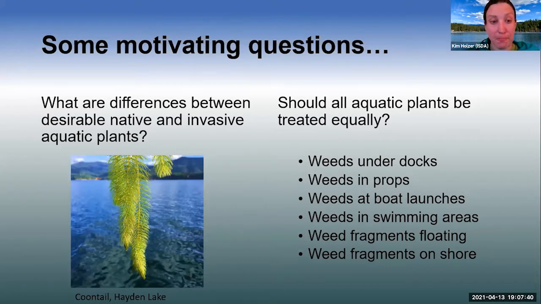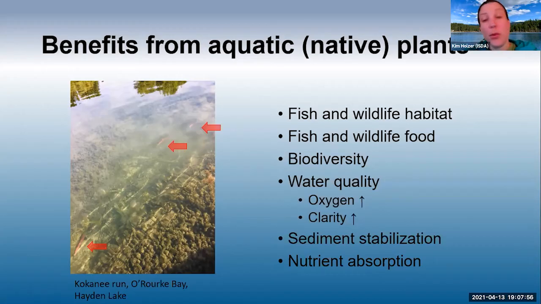One important point is the beneficial traits of native plants. There are many gorgeous native plants that carpet your lake bed, and they do wonderful things for fish and wildlife habitat, fish and wildlife food availability, biodiversity.